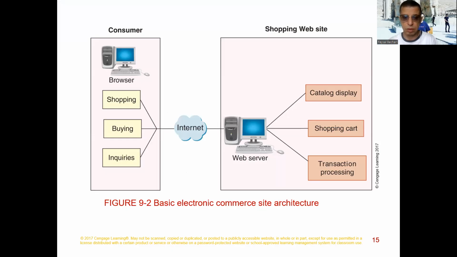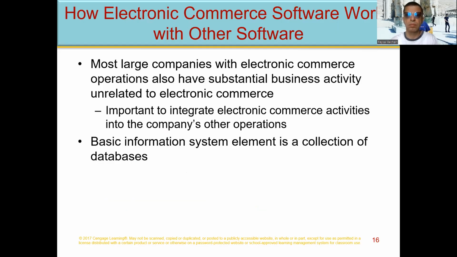We can explain the basic electronic commerce site architecture, how it works, and how electronic commerce software works with other software. Most large companies with electronic commerce operations also have substantial business activities unrelated to electronic commerce.